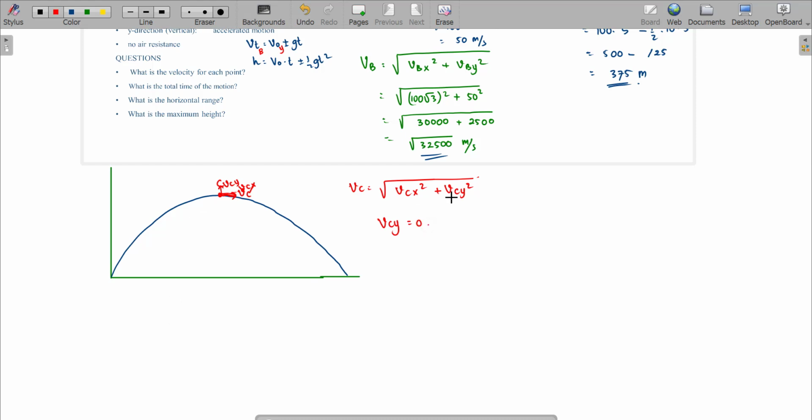Because of that, the velocity in C point, you can write VCy is 0, so VCx square plus 0, meaning VC velocity in C point equals VC in the x-axis. Okay, this is the condition in maximum height, the concept.